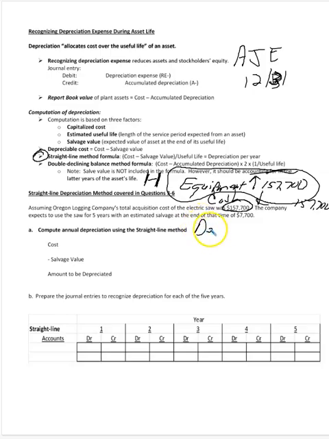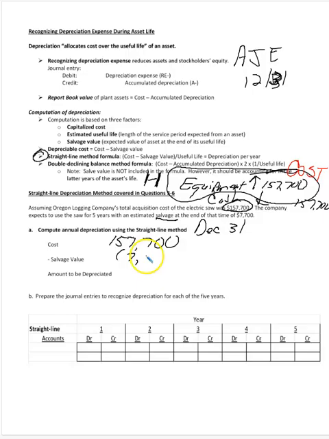Now it's December 31st, and we need to record our adjusting journal entry for depreciation expense. So cost is what's in this account, right? The original cost. So that cost is $157,700. Then the company expects to use it for 5 years with an estimated salvage at the end of those 5 years of $7,700. Salvage means we are just kind of guessing that we can salvage or sell it for $7,700 at the end of its useful life.